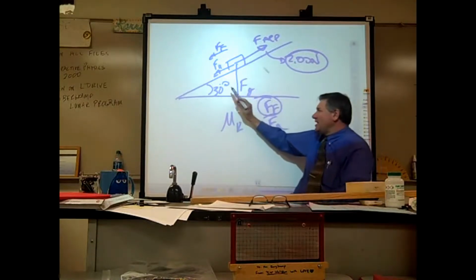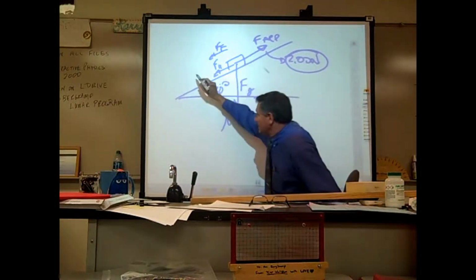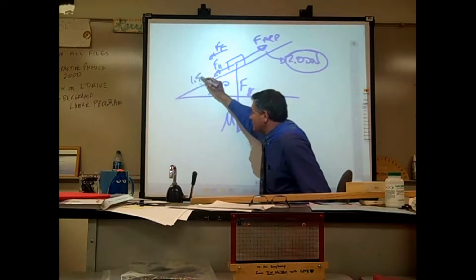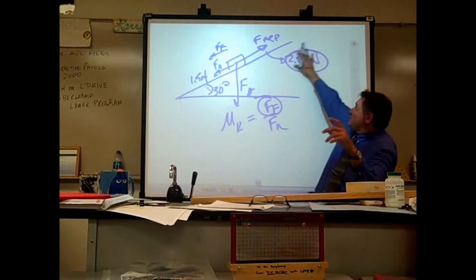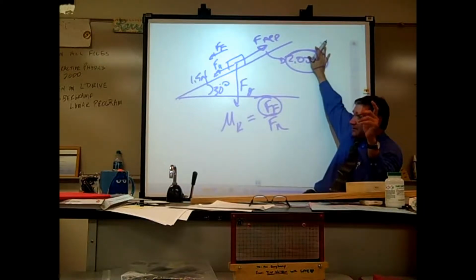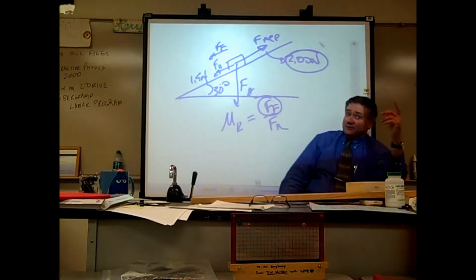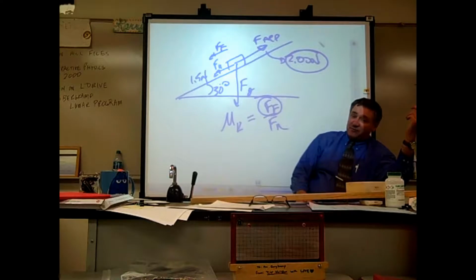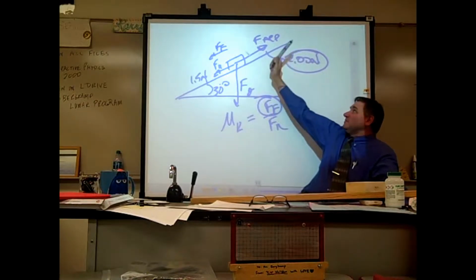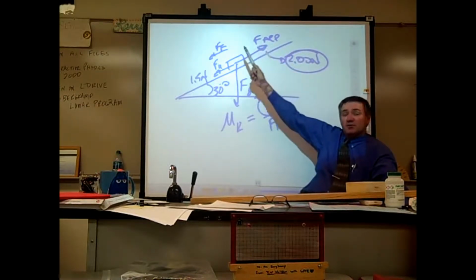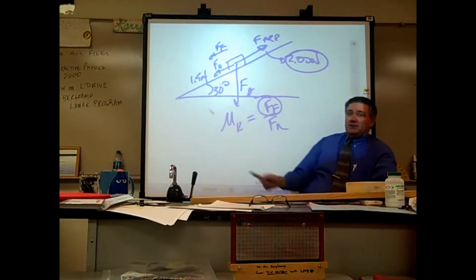So let's just say my force parallel is 1.5 newtons, okay, just to make up a number. So, if I have to apply 2 newtons of force to pull it up, and I got a force parallel of 1.5 newtons, my force friction has to be ½ Newton. So basically your frictional force is going to be the difference between your applied force and your parallel.